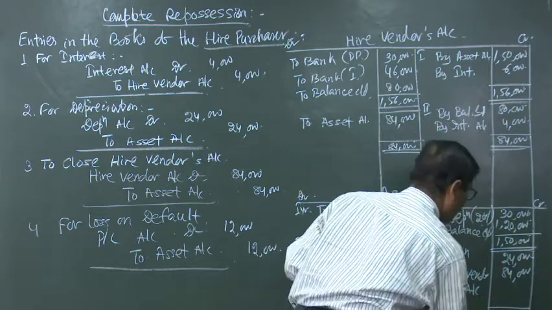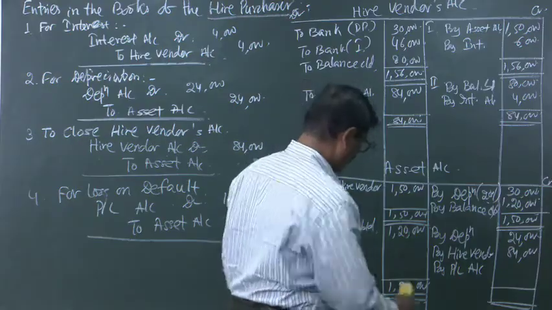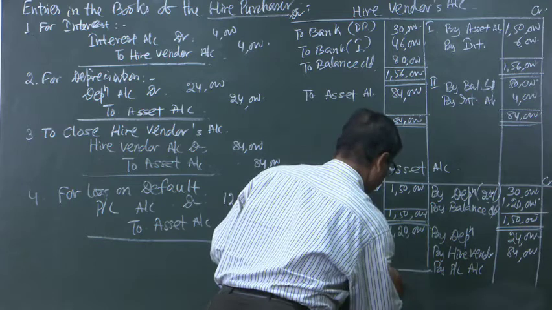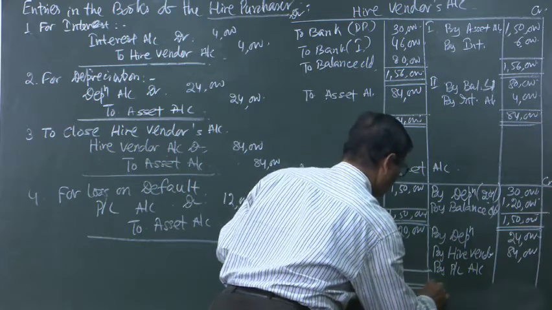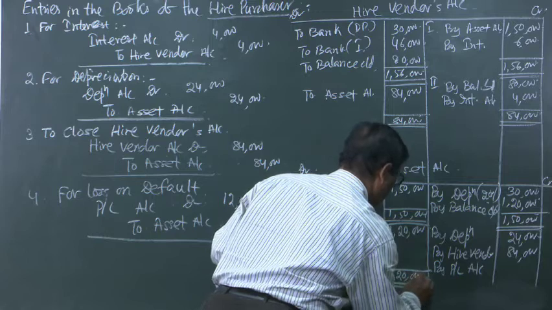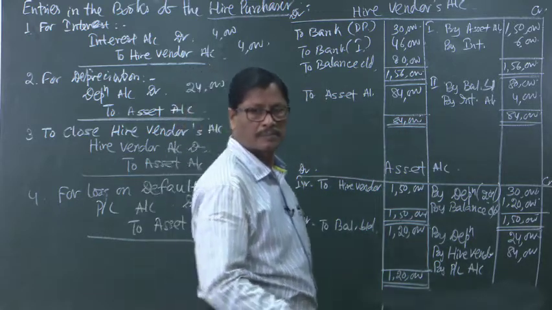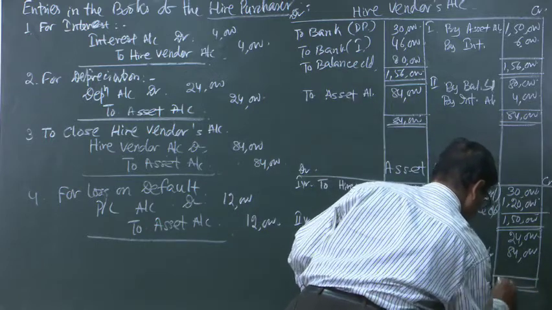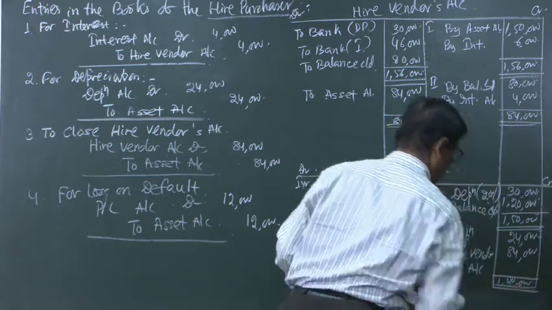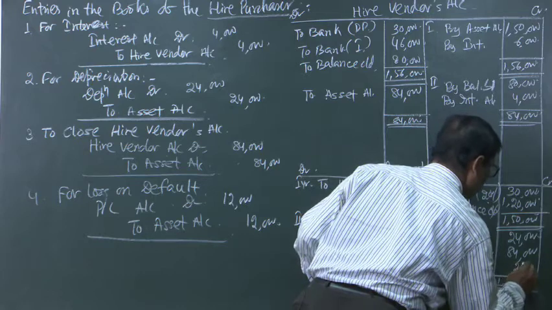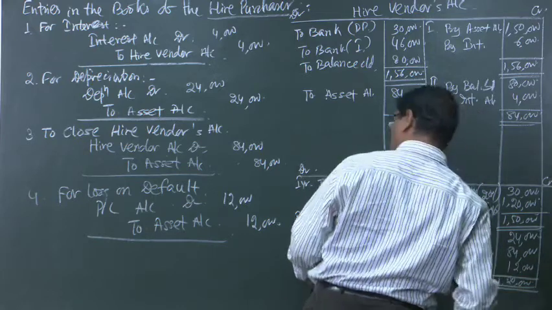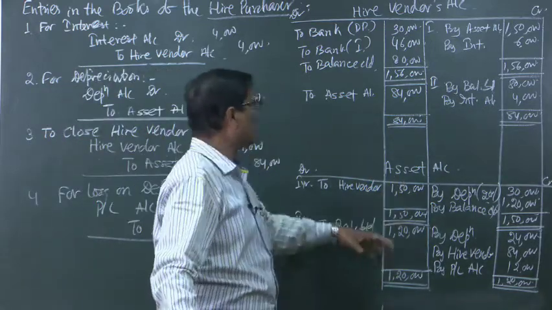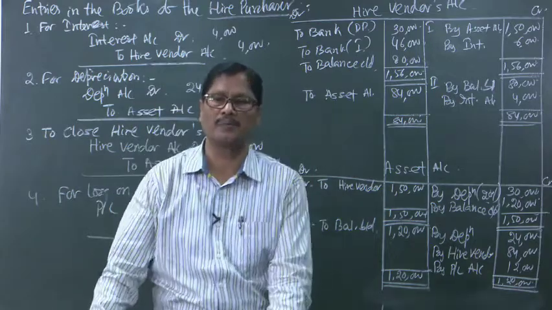If we write 1,20,000 here, here it is 36,000. So, in this way his account and asset account both are closed, because it is a case of complete repossession.